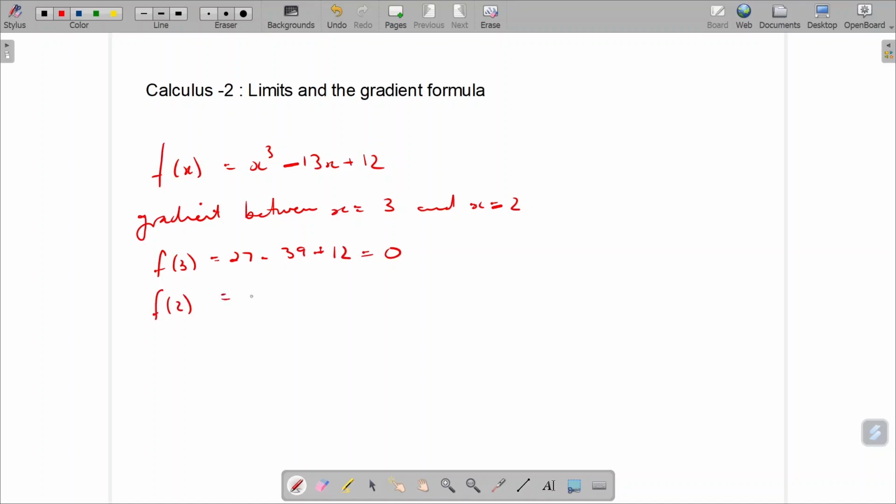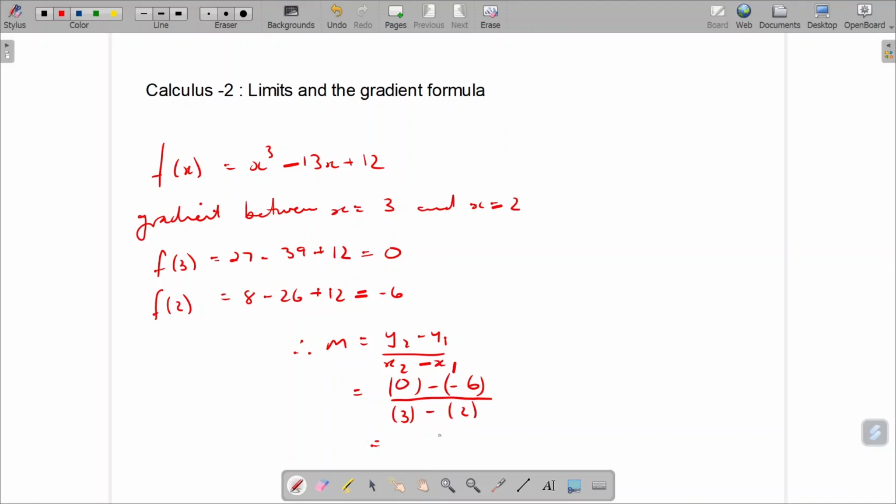Put 2 in, get a value of 8 minus 26 plus 12, which is minus 6, if I get it correct, and therefore say, as a result, the gradient is y2 minus y1 over x2 minus x1 equals 0 minus minus 6 over 3 minus 2, and get an answer of 6 over 1, which is 6.